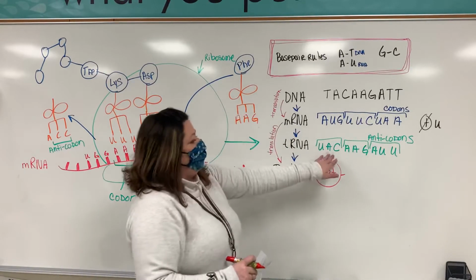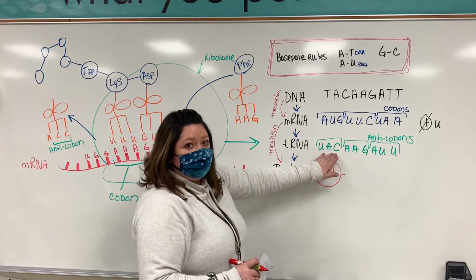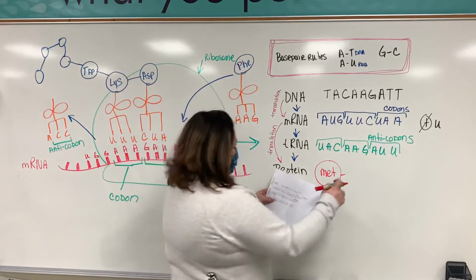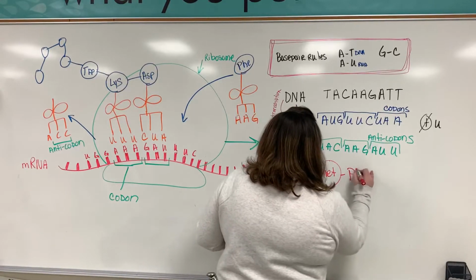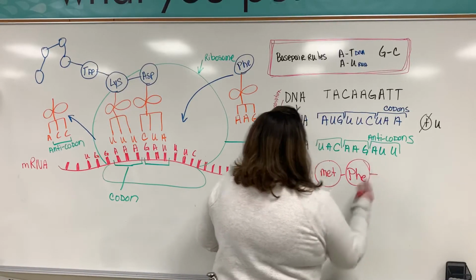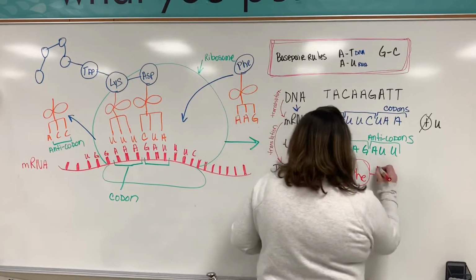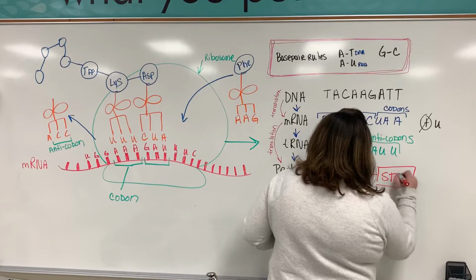Each 3 nucleotide code codes for 1 amino acid. Then AAG stands for phenylalanine, and I made this short so that AUU codes for a stop codon.